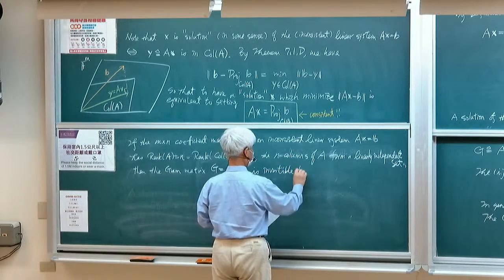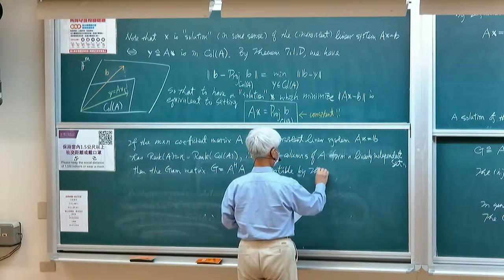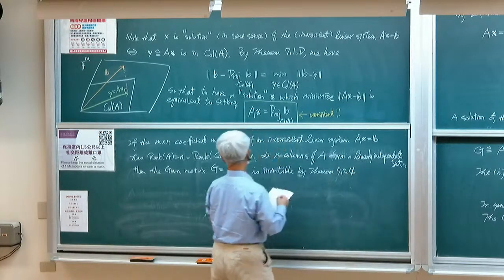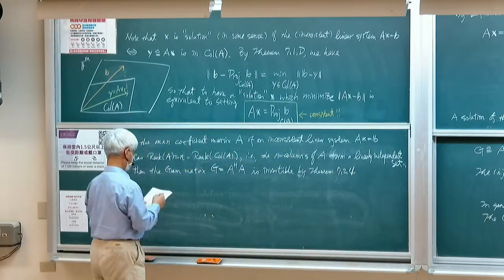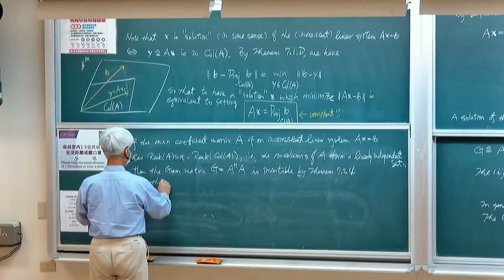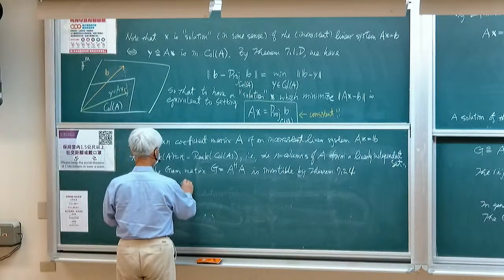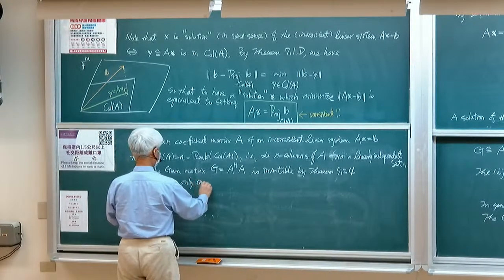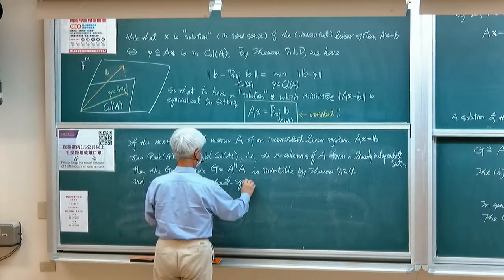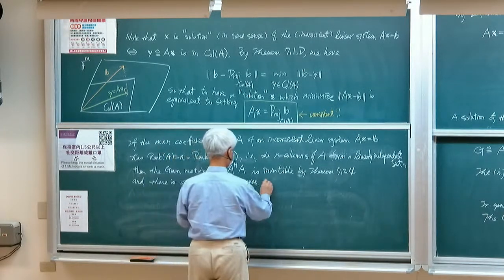Okay? So by our previous theorem, 7.2.4, the Gram matrix is invertible, and there is only one least squares solution.